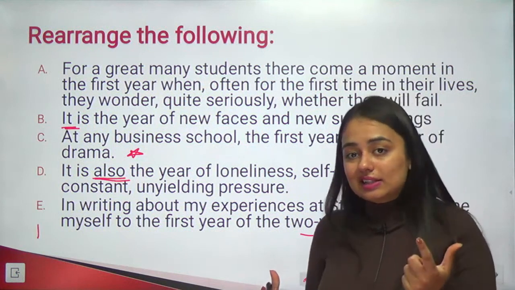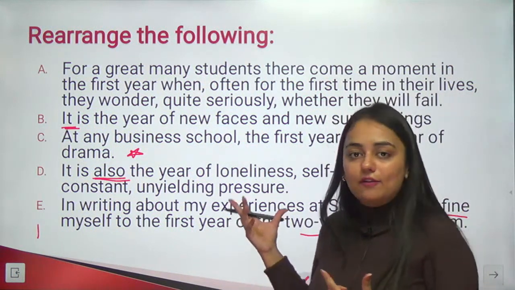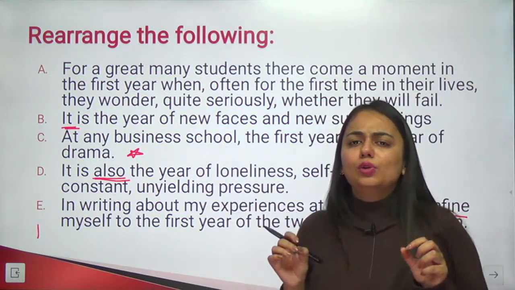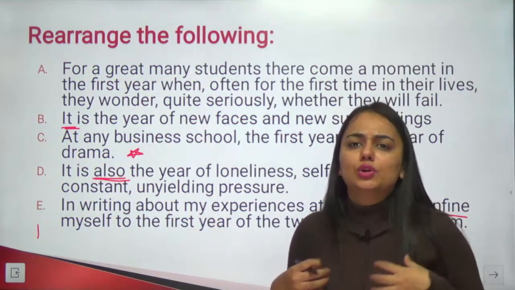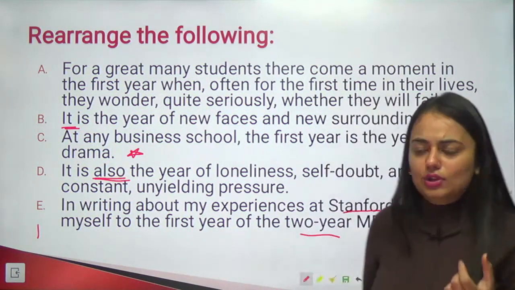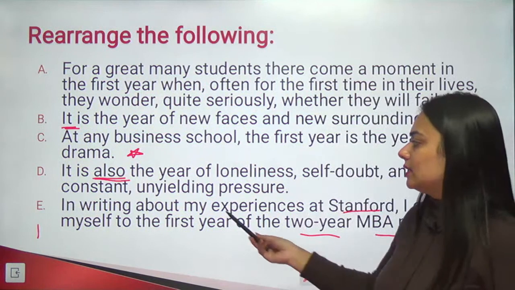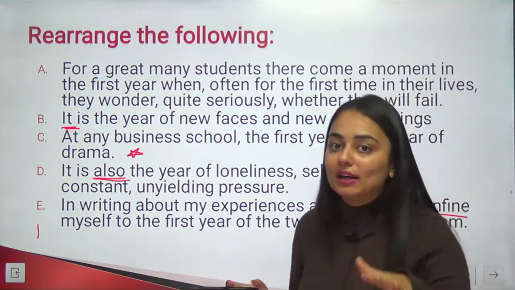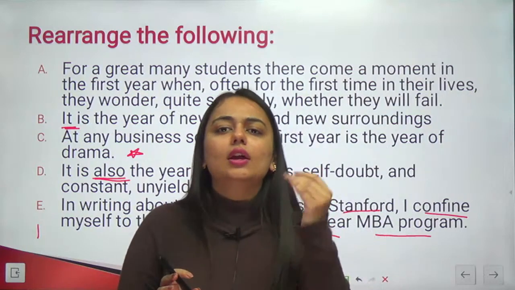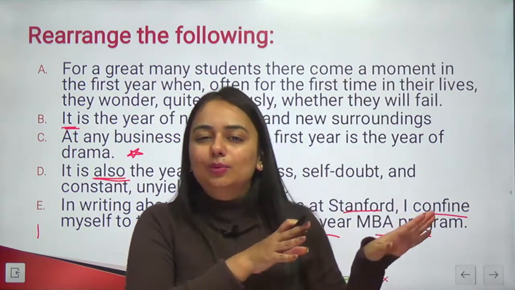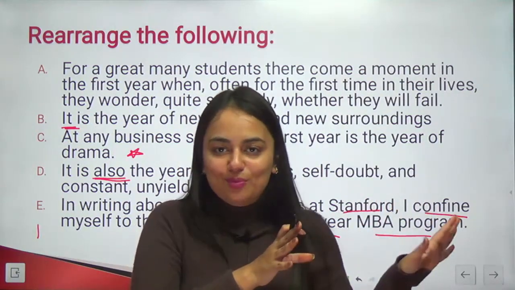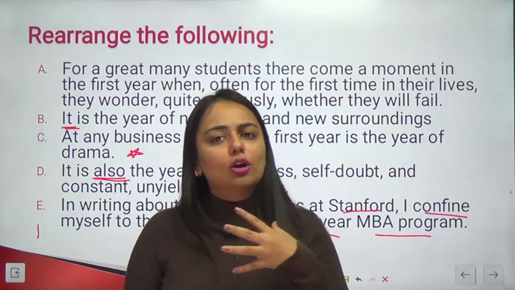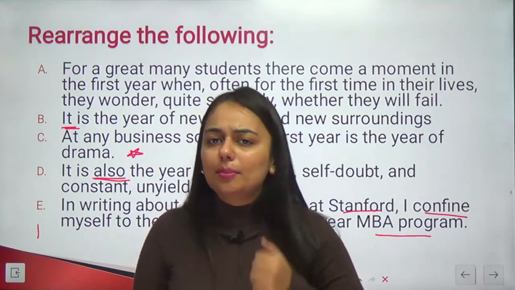So another writing style is important. Now you know it's autobiographical, this passage. So you will know that first of all, the writer is going to introduce about himself. He'll introduce himself. So he is saying that when I'm writing about my experience, my study or my writing, it's confined to only 2-year MBA program, not any other program, not the BTech, BSc, BA humanities program.